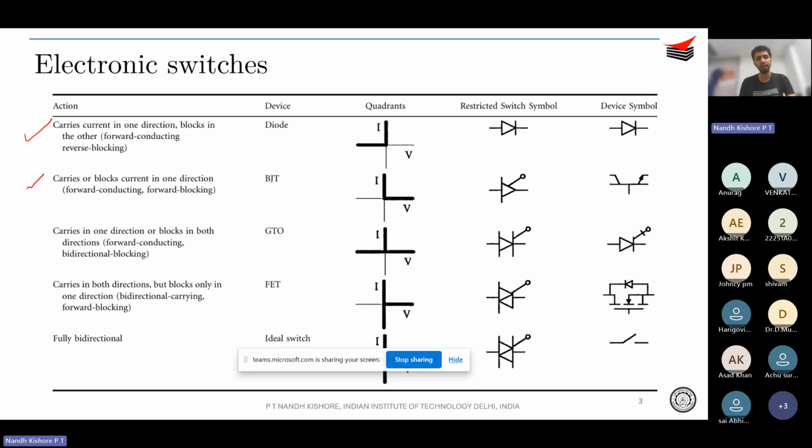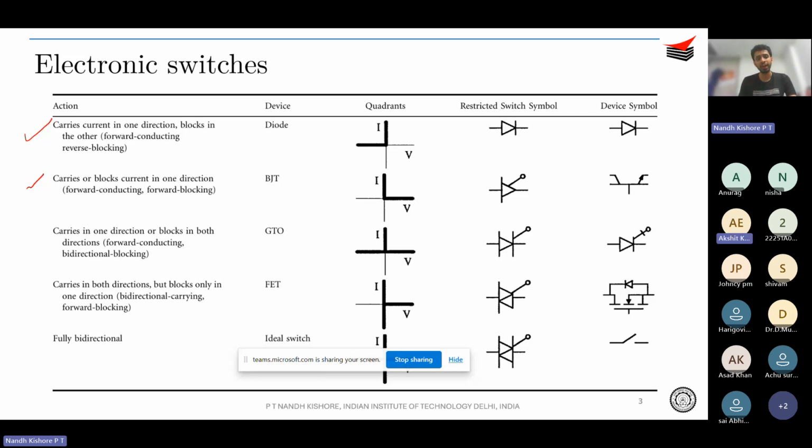So you get this base current as the control variable, right? So you need to inject a sufficient base current in order to make the BJT come out of its cutoff region, right? And of course, you learned about its three regions of operation, that is cutoff region, then you have the active region, and then we have the saturation region, right?